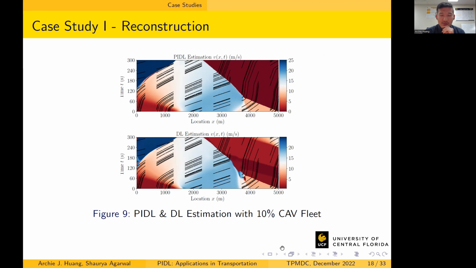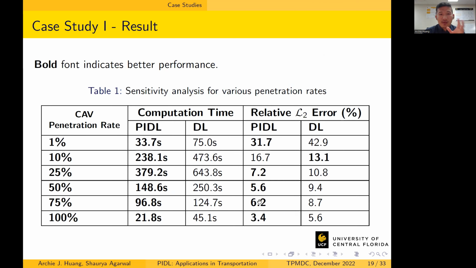Let's move on to see the tabulated results with respect to computation time and relative error. We do see PIDL consistently outperform a regular deep learning neural network in this case with the exact same learning architecture, that's the same number of layers and the same number of neurons on each layer.